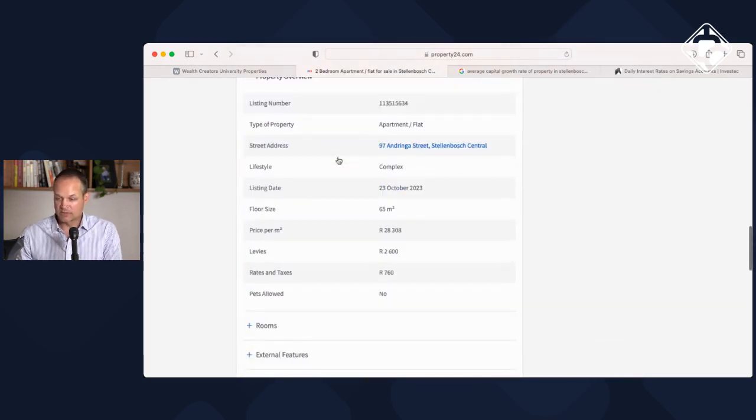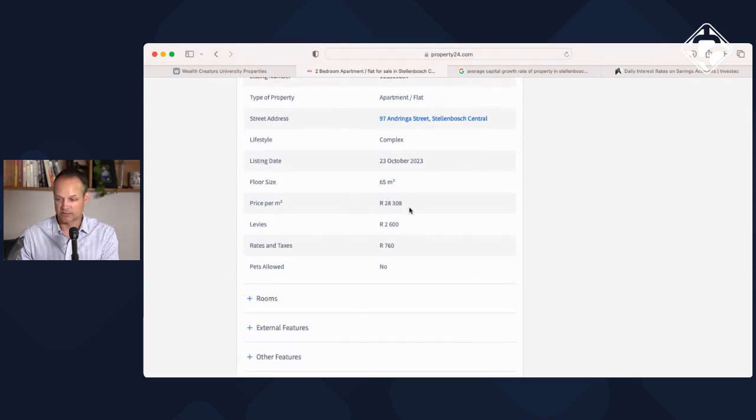On Property24, it also gives me some other important numbers that we'll need to include. The first one is the price per square meter. That's literally just taking the listing price divided by the 65 square meters. It comes in at 28,000, which is probably on the high end. These days, sectional title apartments are most likely closer to about 20,000.